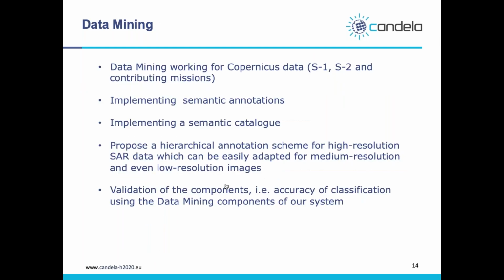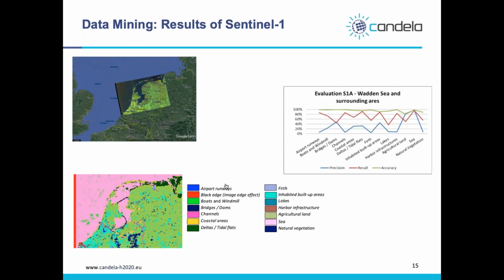So this was the part on data mining. These are some results on Sentinel-1 in Waddenzee in the Netherlands. It is one scene on which 14 semantic labels have been defined, the number of classes extracted. It is adapted to the user hypothesis and needs, and the number of semantic classes is very large.